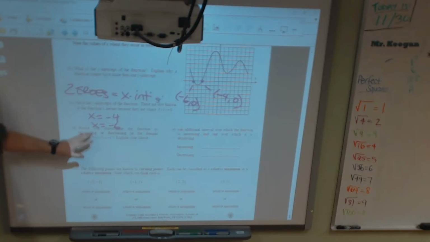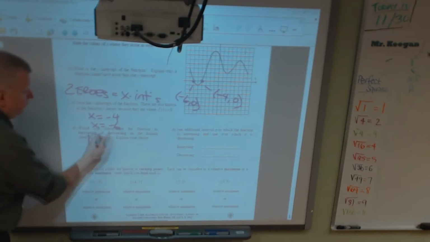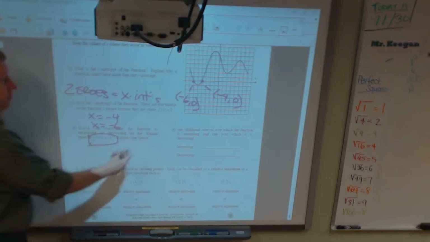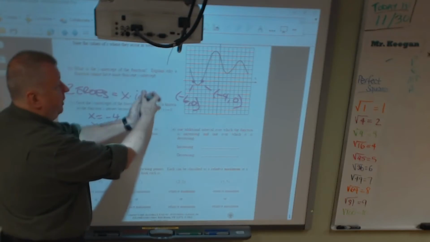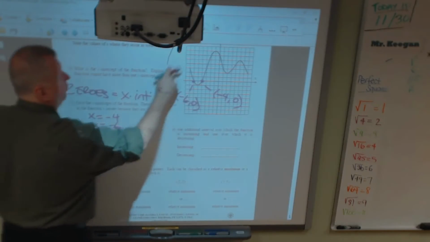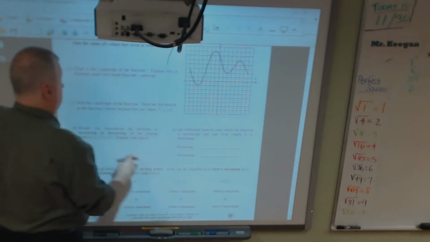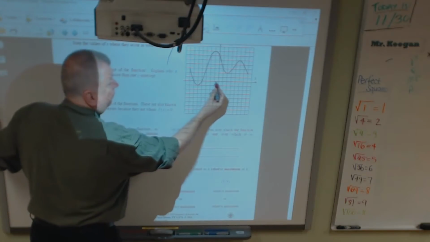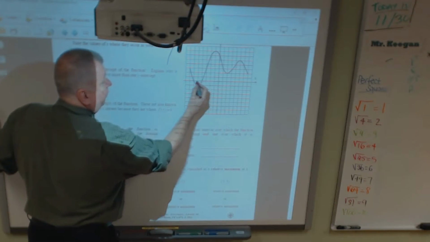So now it says, would you characterize the function as increasing or decreasing on the domain interval negative 5 is less than or equal to x, which is less than or equal to 1? In other words, between negative 5 and negative 1. Let me just get rid of this so we can start from scratch again. So we're looking at where x is negative 5. 1, 2, 3, 4, 5.